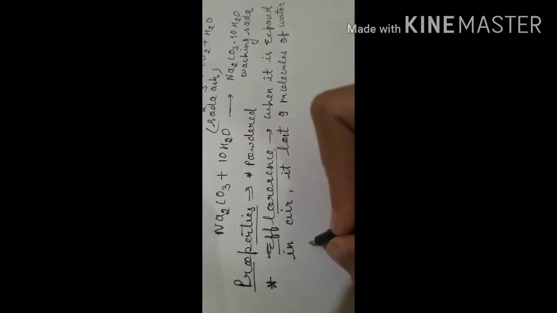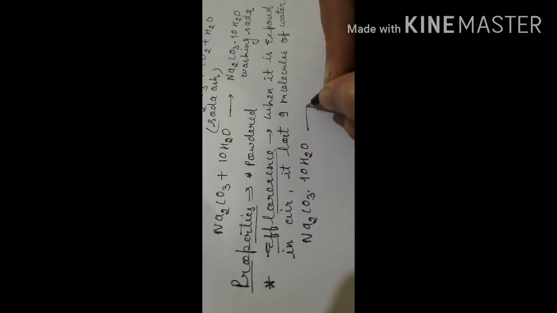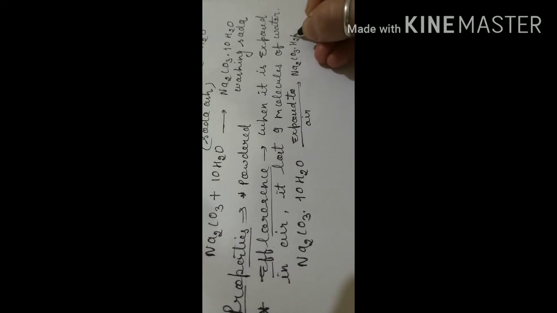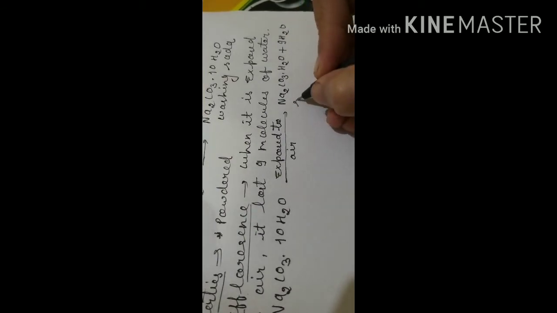In a chemical reaction it is written as Na2CO3 dot 10 moles of water, exposed to air, gives 1 mole of water remaining, Na2CO3 dot H2O, plus 9 moles of water coming out.